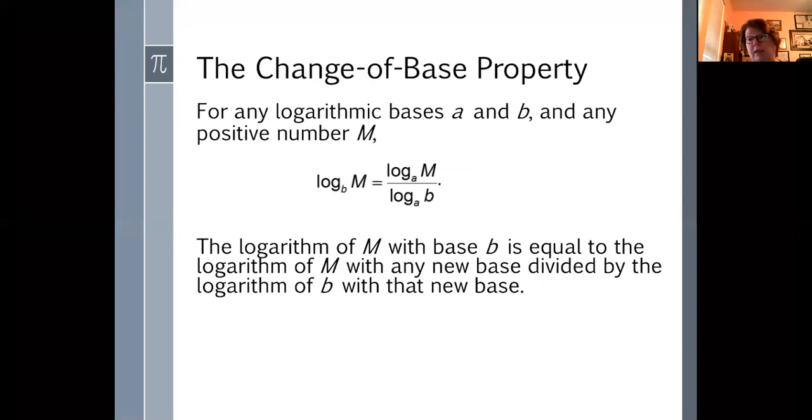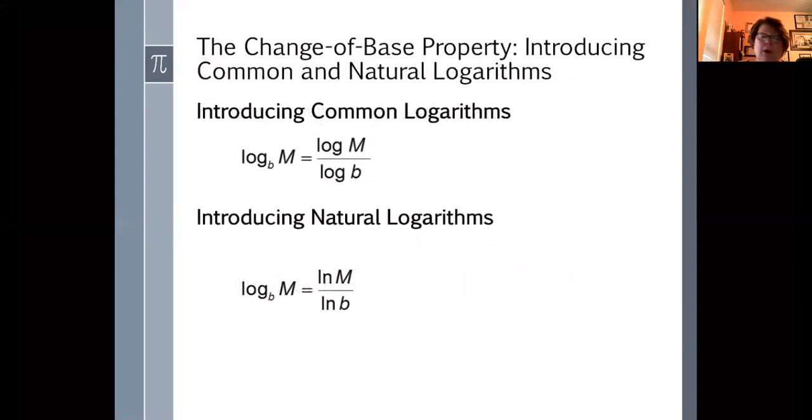Now we're going to use this with log base 10 and log base E. So you can find the log of any base of a number m by taking the common log of m divided by the common log of the base. Or you can use the natural log, and it's really up to you which one you want to use. They are the same value. The log base b of m is equal to the natural log of m divided by the natural log of b. You get exactly the same value, whether you use the common log or the natural log.